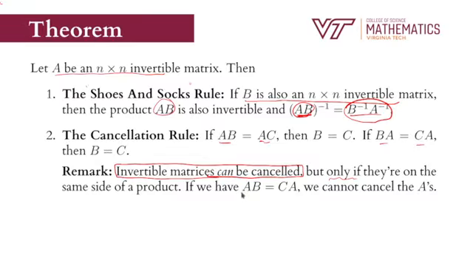If we have the situation where A is on the left on one side, and A is on the right on the other side, we still cannot cancel the A's, even if they're invertible. So it's a partial cancellation rule. Matrix cancellation is more fragile than cancellation of numbers. Invertible matrices can be canceled, but they have to be on the same side for the cancellation to work.